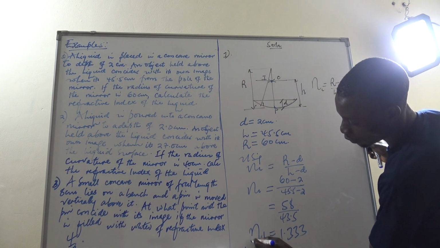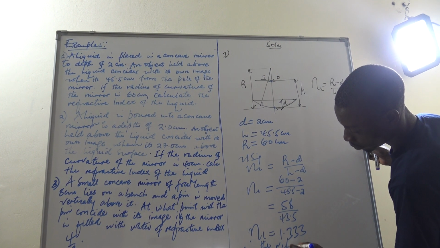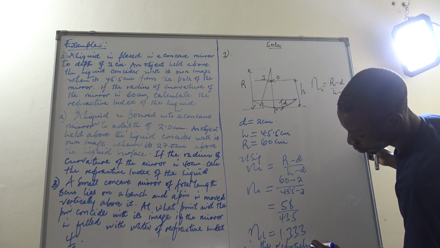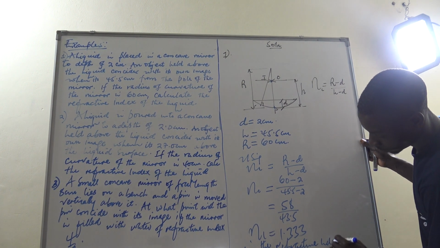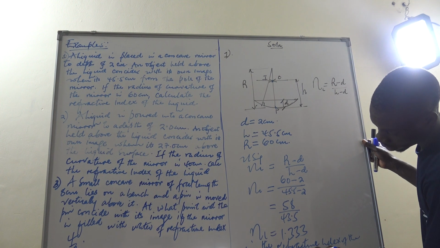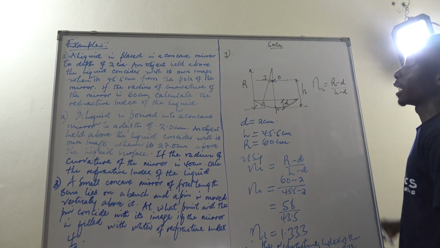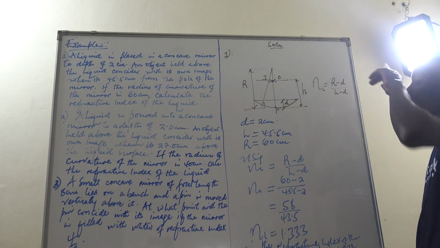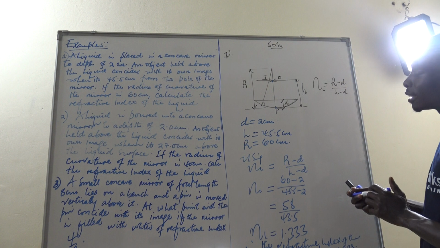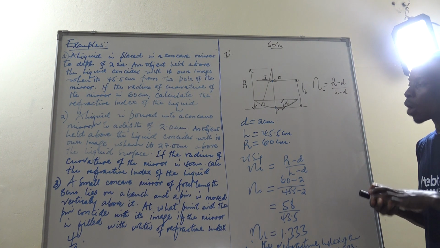So you say therefore the refractive index of the liquid is 1.33. So that is the solution to our Roman 1.